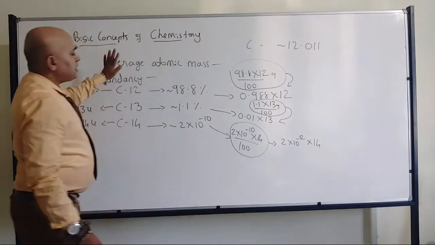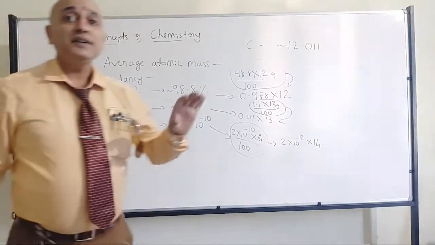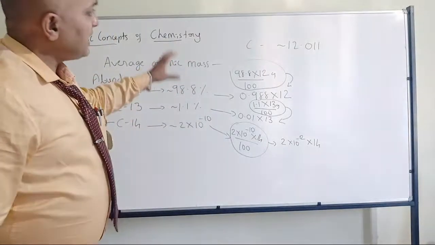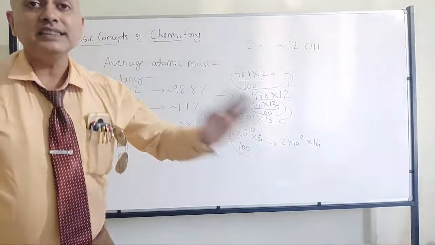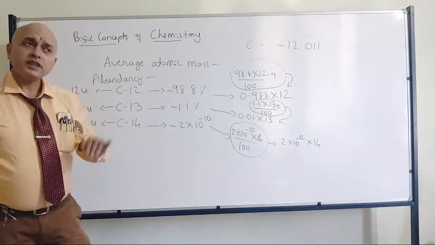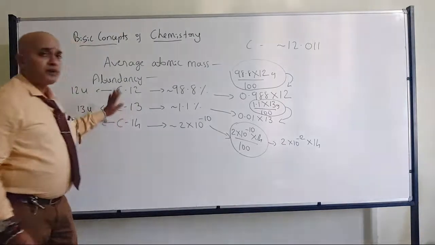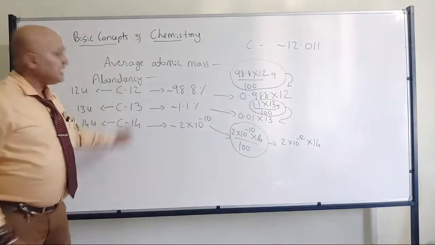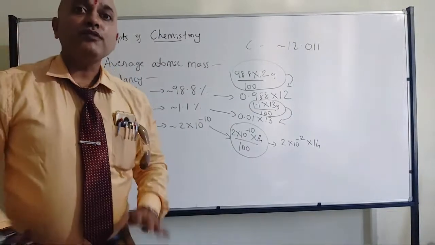Now when I am talking about average atomic mass, it is the average of all the isotopes and their percent occurrence in nature. Among carbon atoms, we have 3 isotopes: carbon 12, carbon 13, carbon 14.